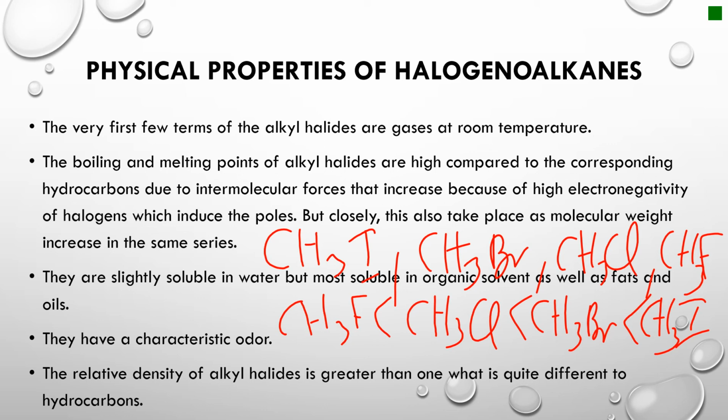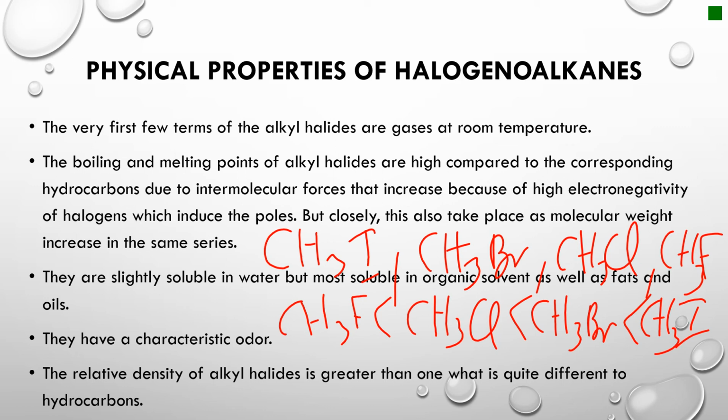The dipole-dipole interactions depend on the polarities of the bonds, while the random dispersion forces depend on the number of electrons in the molecules. The differences in electronegativity of the halogens are very close compared to the differences in the mass of these halogens.